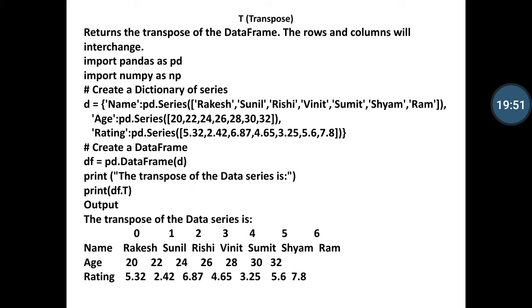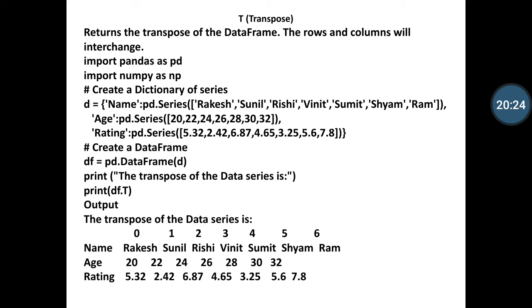So first of all I import both libraries and create the dictionary as per the previous example, name, age and rating, and then create a data frame, df equal to pd.DataFrame, and put the dictionary as an argument. Then print the message, the transpose of the data series, is print df.T.